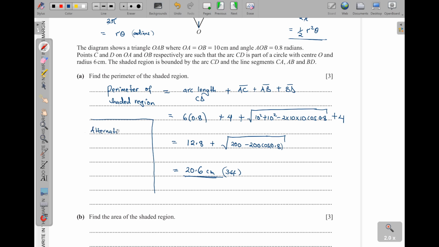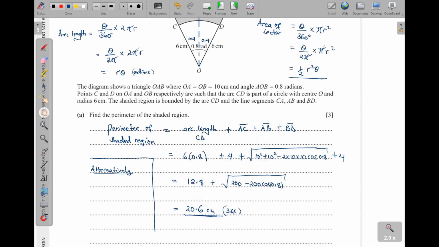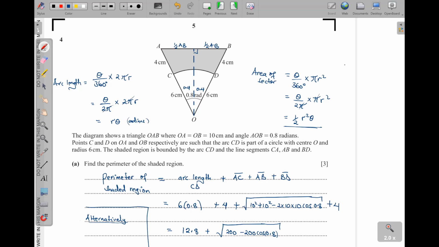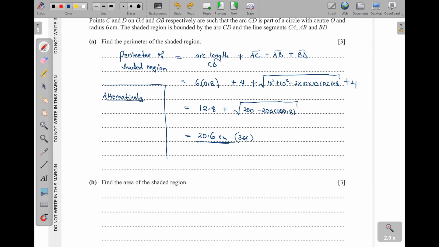Alternatively, we can have, this is 0.4, this is the opposite side to it, and then this is the hypotenuse. So I can use sine. Sine of 0.4 is equal to a half of AB.